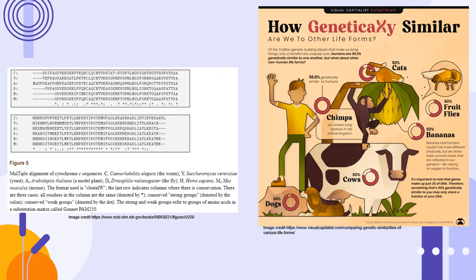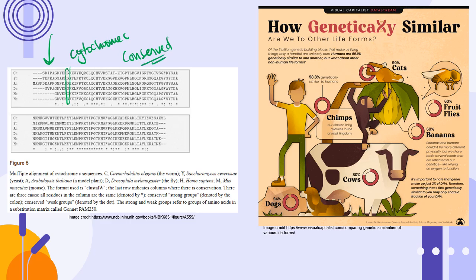So a lot of our DNA is conserved, which means that it is saved from one organism to another. And again, this helps us to understand how different organisms are related. This is the same image that we had in our protein lecture, where we were talking about the amino acid sequences of the protein cytochrome C. Those amino acid sequences in our proteins can sometimes be conserved, or saved from one organism to the next.